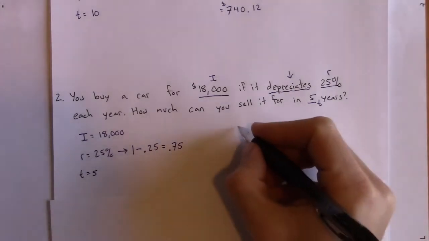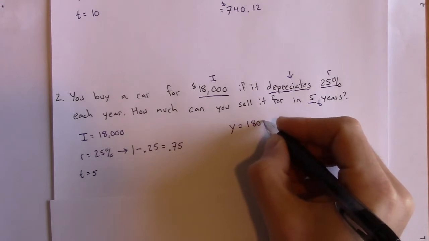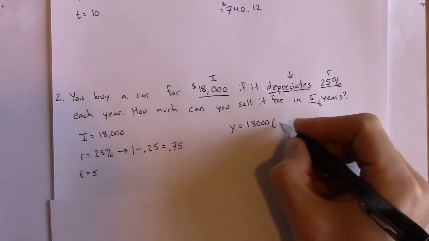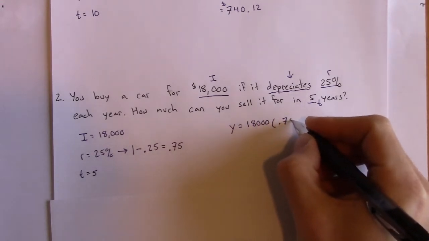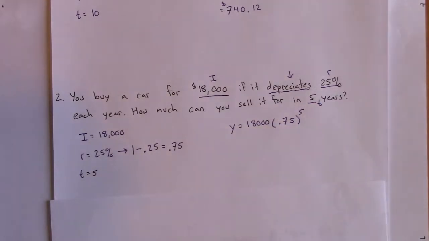So if I put that all together, I'm going to have y equals my initial amount, 18,000, my rate of 0.75, and my time of 5.